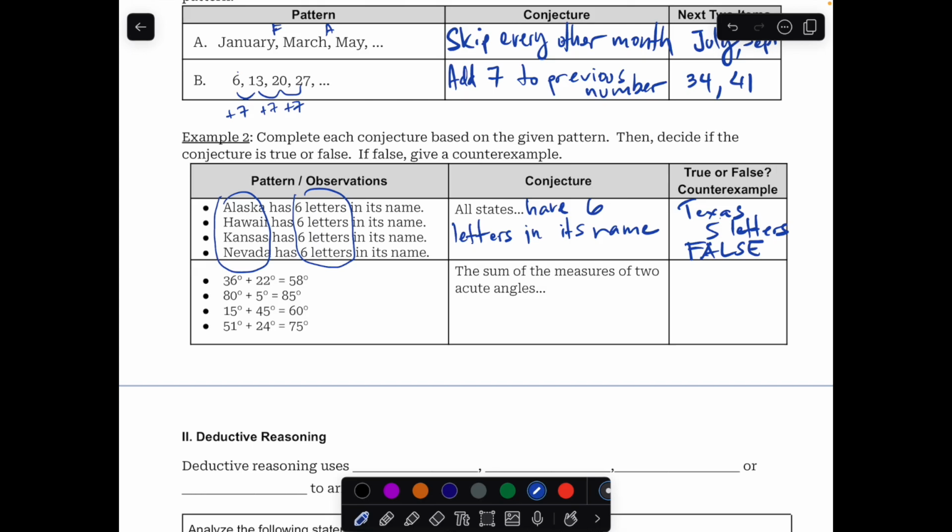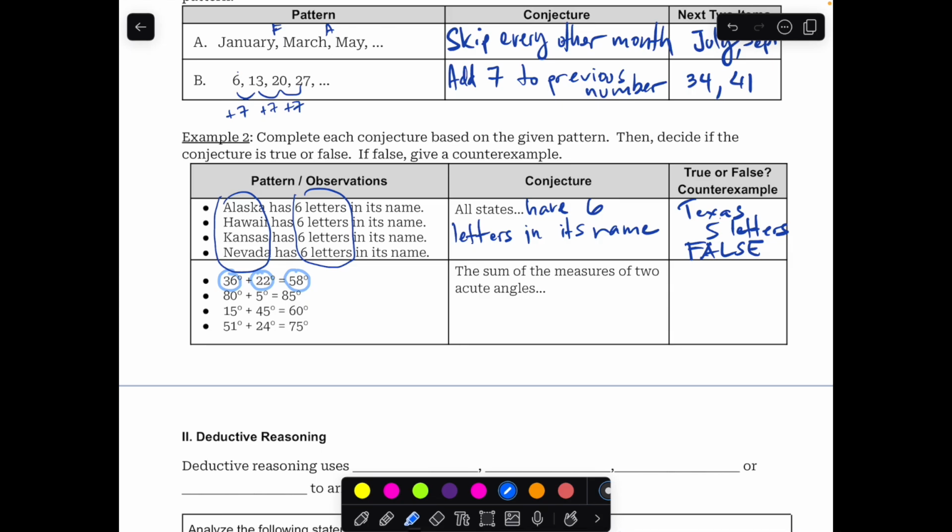Okay, so now let's go to the next set of numbers. If I look at these, it's saying that this angle here and this angle here are both acute. They're less than 90. And when you add them, you still get an acute angle, less than 90, right?